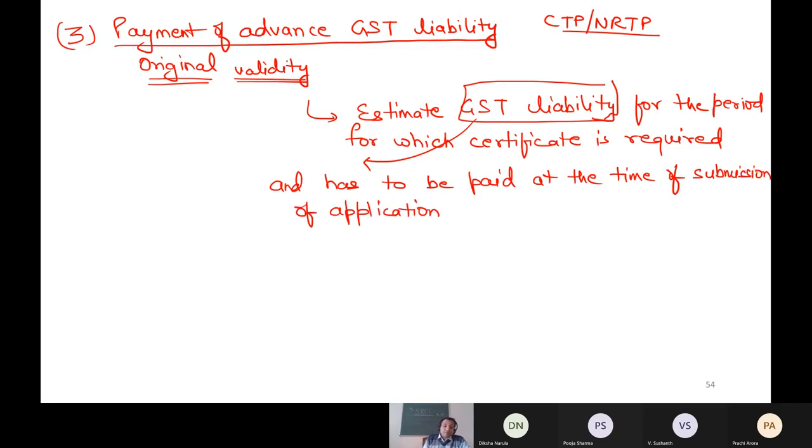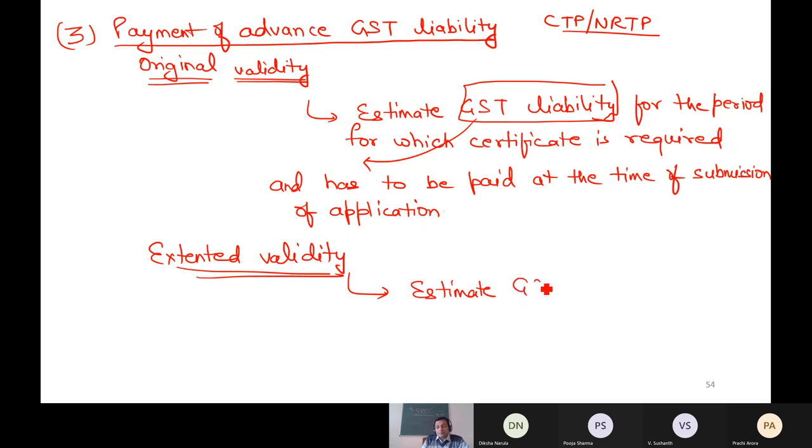Similarly, if I need an extended period of validity, again I should estimate the GST liability for the extended period for which the certificate is required.